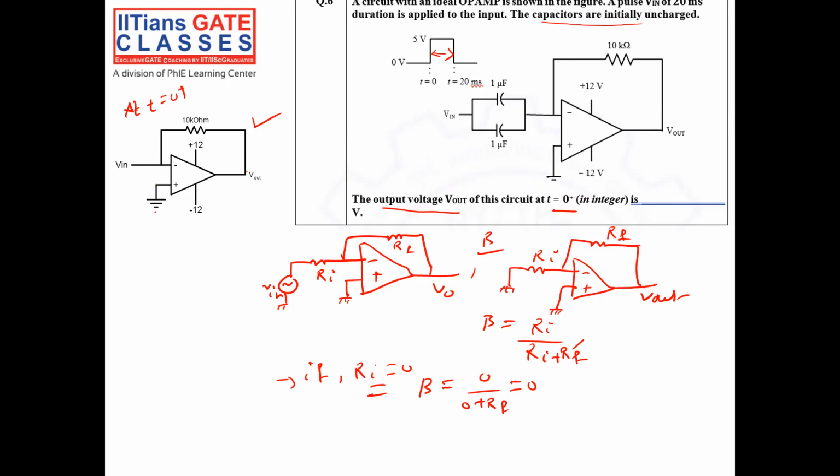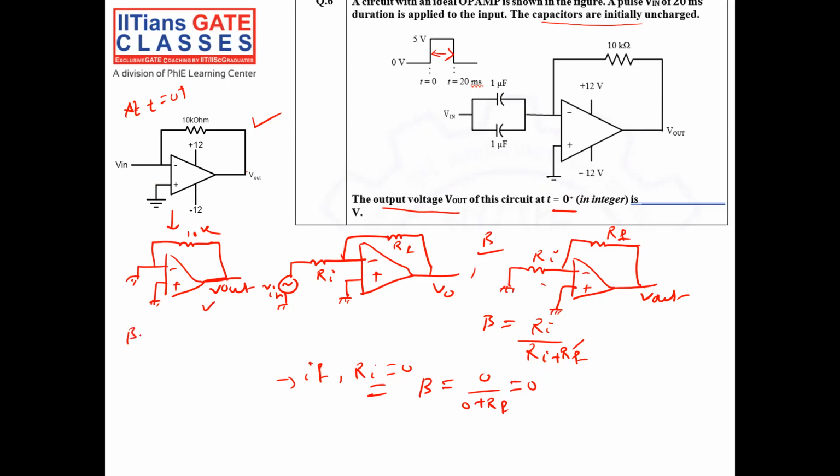So in the circuit, if I want to calculate the feedback, I have to replace V in by 0. There is a ground and there is a 10 kilo ohm resistor from V out. Compare this circuit with the previous one when RI is equal to 0.